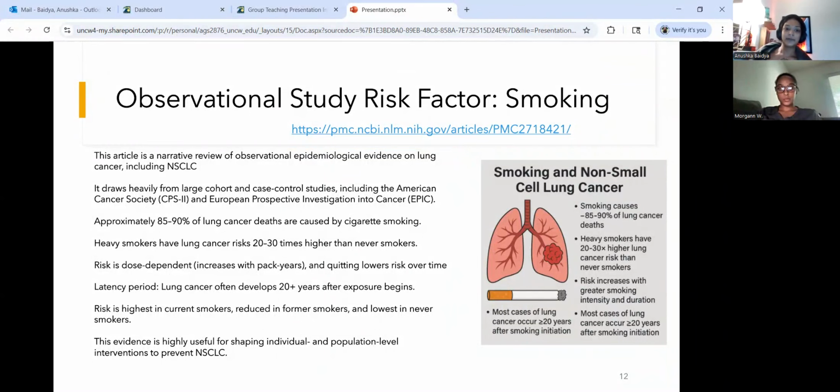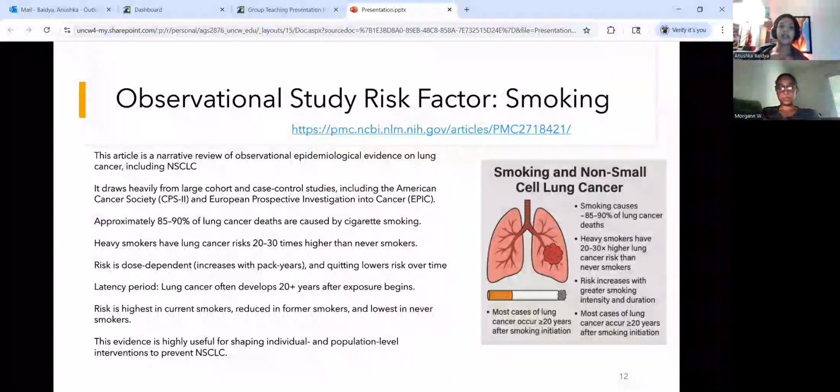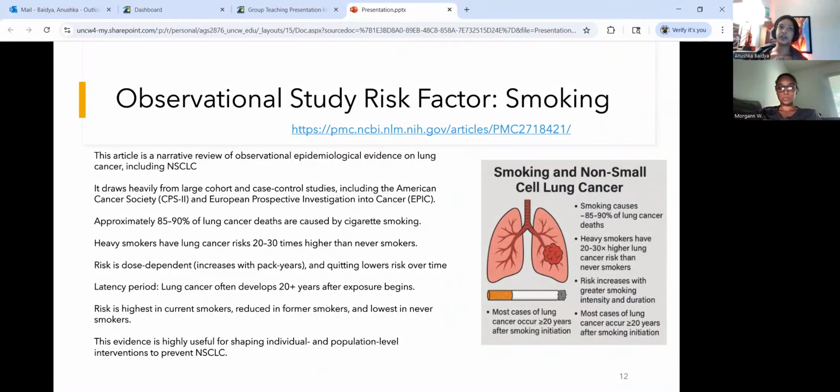So what they found was approximately 85 to 90% of lung cancer deaths had an association with cigarette smoking. Heavy smokers have a lung cancer risk 20 to 30 times higher than never smokers. And they categorize heavy smokers and light smokers based on pack years.